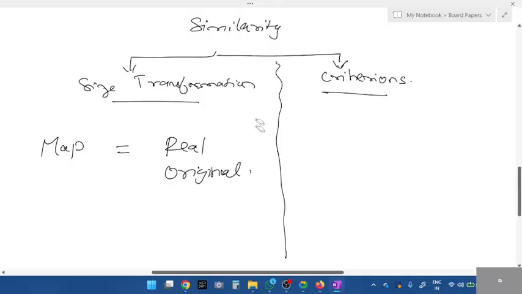Left hand side is map value, map or image. So left hand side is the value we get after solving. Map or image is equal to k into real image. K is the scaling factor.